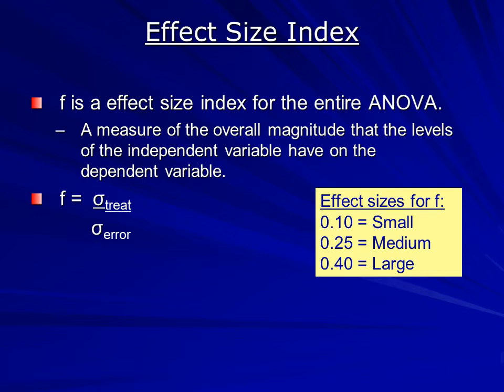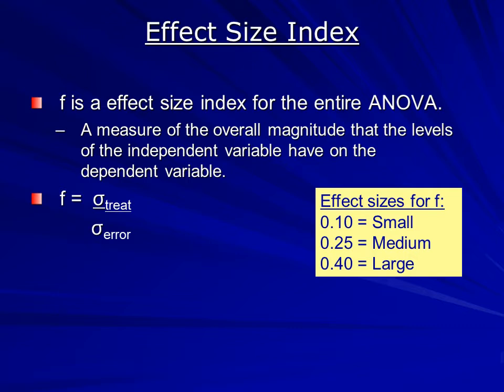The negative or positive doesn't matter. If you've got a negative 0.5, you still have a large correlation. You've got d, lowercase d, is an effect size for averages. So if you're looking at the difference between two different averages, then you've got a lowercase d, and that's 0.2, 0.5, 0.8 for small, medium, and large. And now there's another effect size index for an F. And I'm pretty sure, I don't know, do I want you to remember?